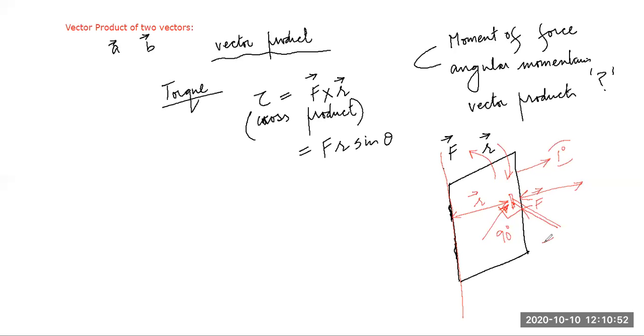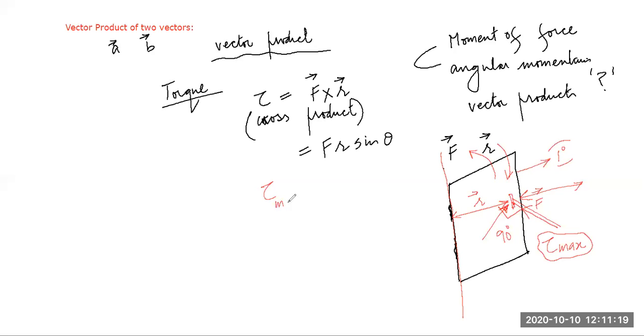Why? Because torque is maximum. So if someone says, is it just the force which is responsible for opening the door? No, the answer is not the force, but the torque. Force is one component, force as well as this r and the angle between them, the third thing. So my tau is maximum.